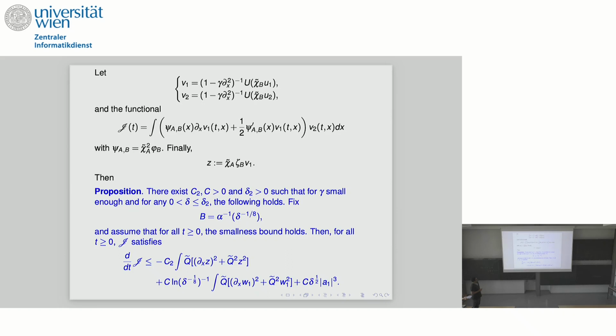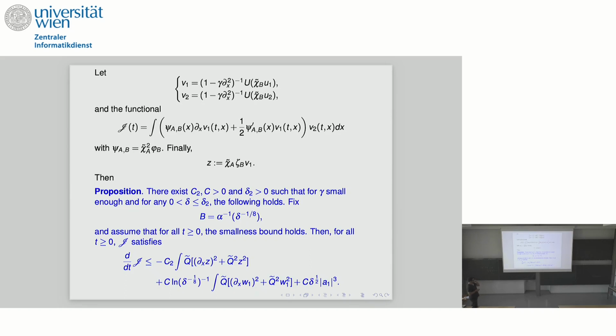After some operators that are needed to justify the computations, because you get some derivatives and so on, and introducing another virial functional with a particular weight, a localized variable, and a particular choice of B, then you get the good control on the problem.